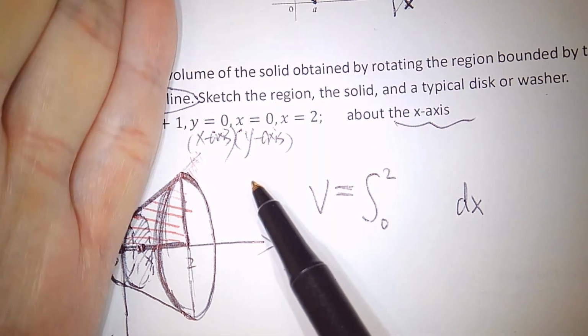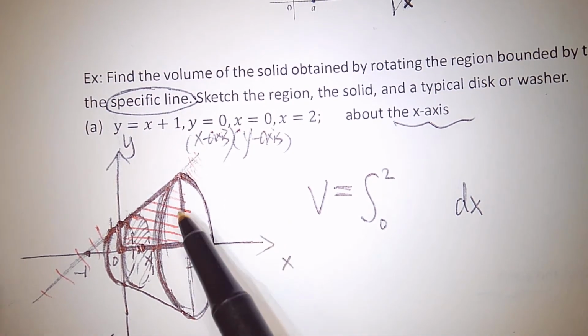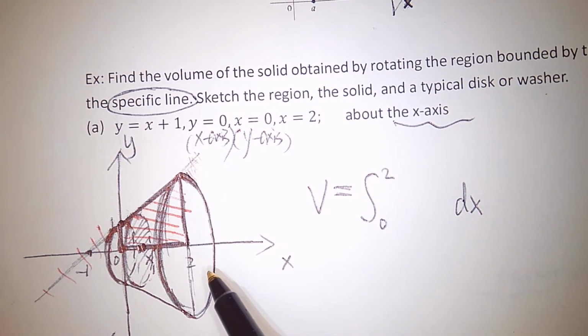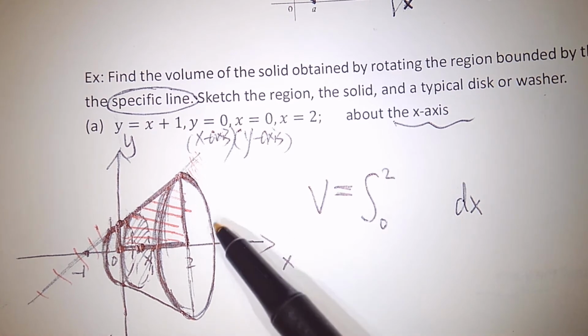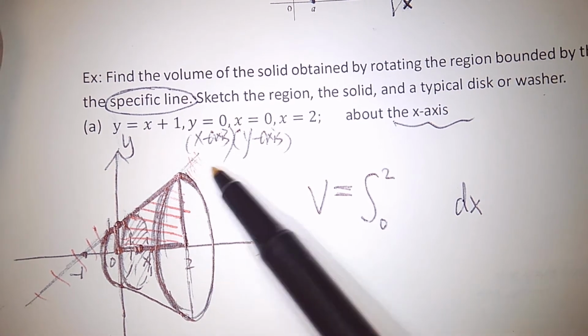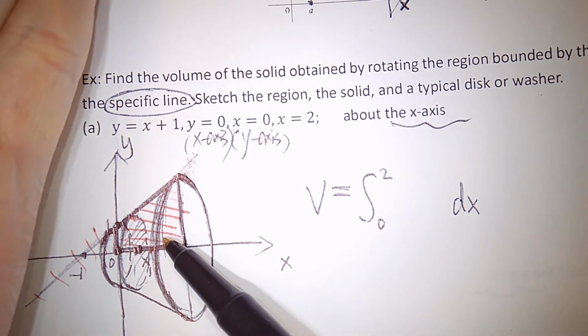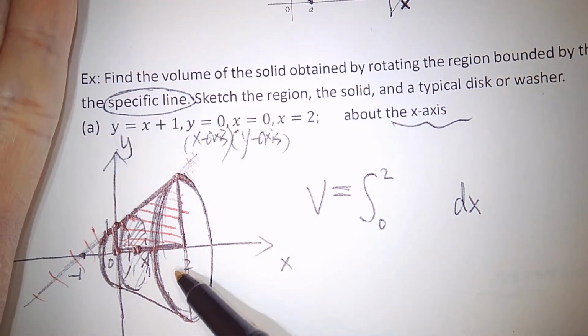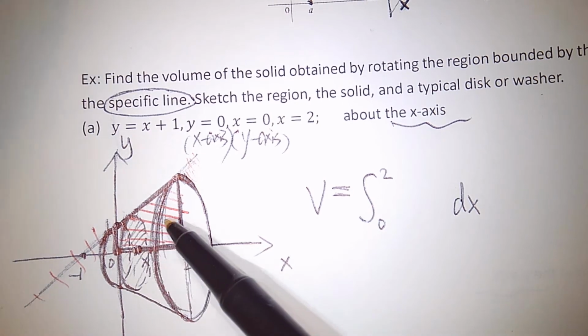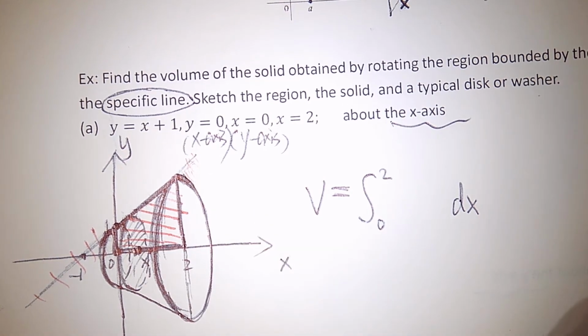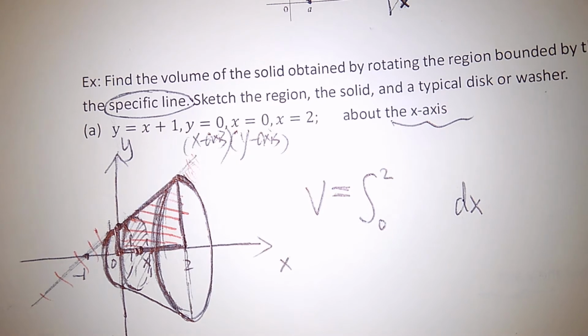If we use a knife to cut it, every time we should get what? A disc or circle, right? This is a circle, this is a circle, and no matter how we cut it, every time we should get a circle or a disc. Can you imagine that, guys?